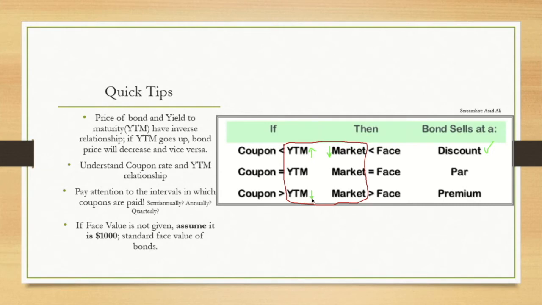As the YTM and the price of the bond have an inverse relationship, we expect the market price to be higher than the face value, so the price of this bond is greater than 1,000. So this bond is selling at a premium.